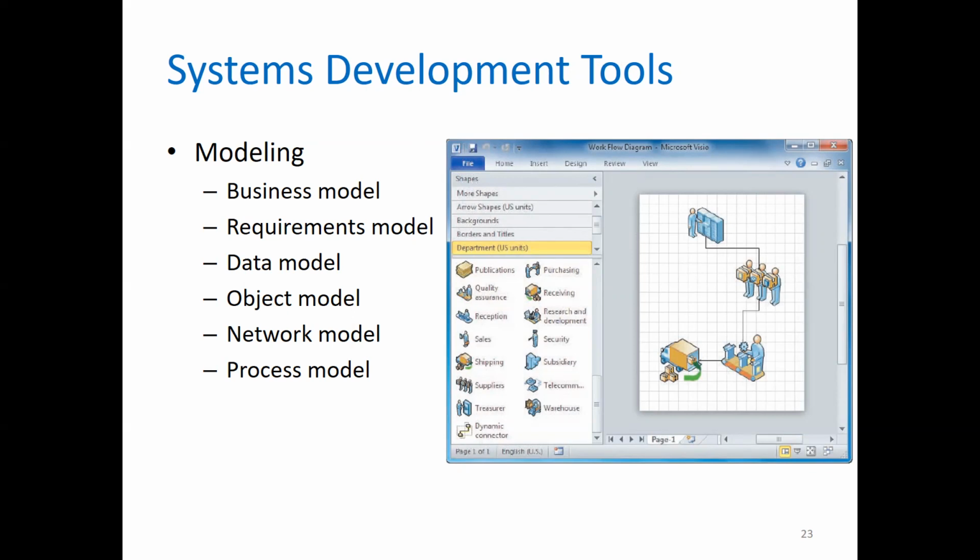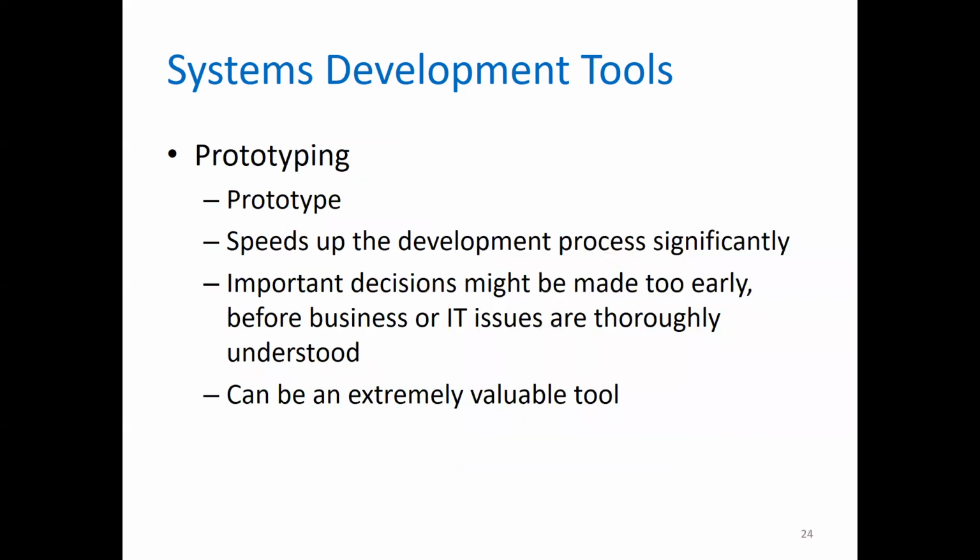Another word that we could efficiently use for modeling is prototype. Prototype basically speeds up the development process significantly. Important decisions might be made too early before business or IT issues are thoroughly understood. It can be extremely valuable to an organization, therefore an extremely valuable tool.